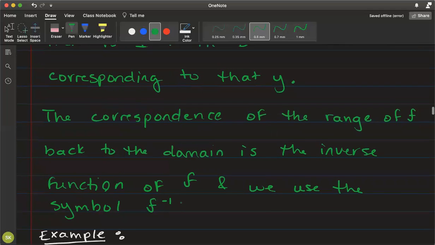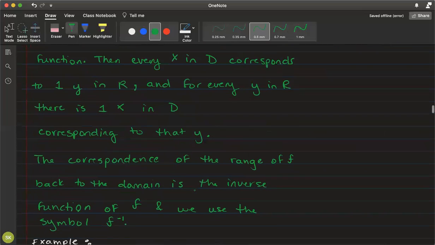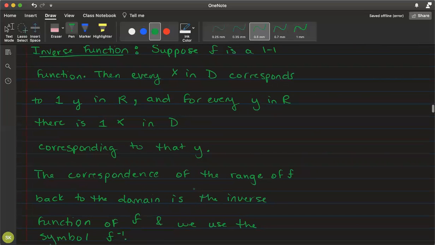We're going to talk more about that symbol in just a minute. Let me look at this definition again. I know it's kind of big, so let me zoom out a little bit. Maybe we can get it all on one page here.